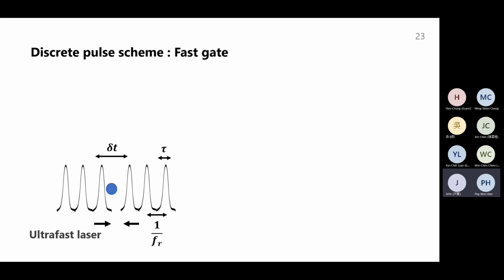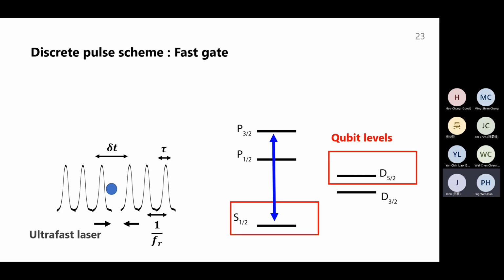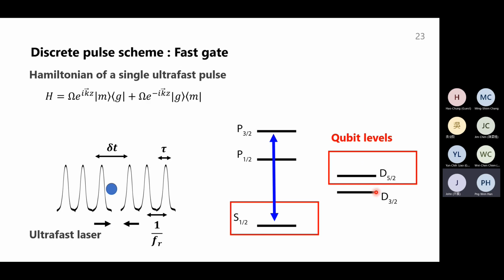And the repetition period is given by 1/Fr. And this is our qubit levels. And this is what we need to drive, we need to apply the resonant transitions between here. So the ground state will feel the force, but not the excited state.